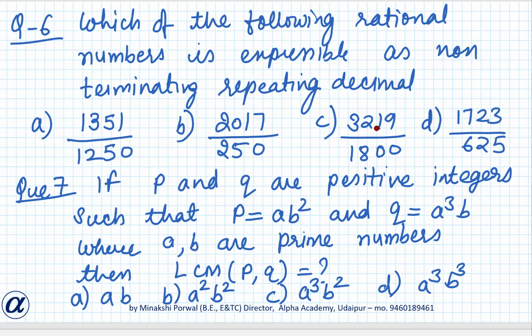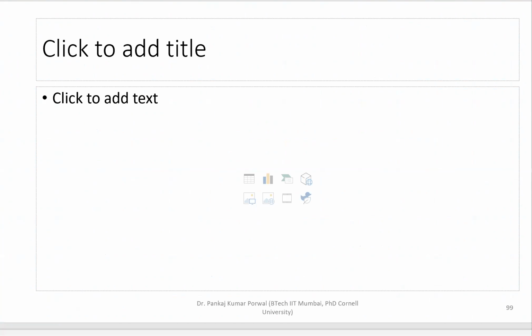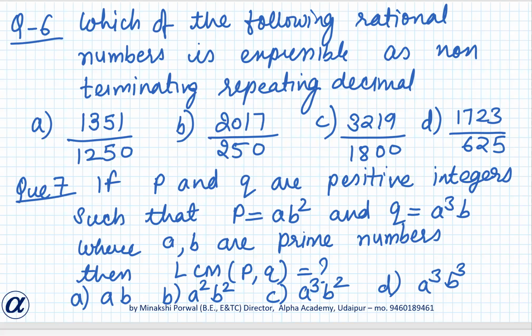First of all we can cut 3219 and 1800, it is divisible by 3, and it will be 1073 upon 600.